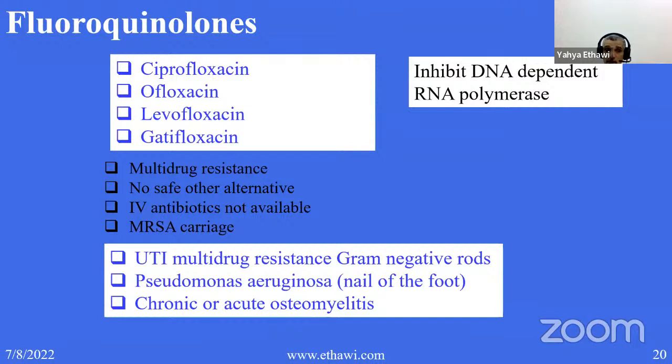They work against multi-drug resistance, and they should be restricted to only when the other antibiotics are resistant and other IV antibiotics working against the bacteria are not available. The parent should be informed and it is better to take consent. They are also very good against MRSA carriers.